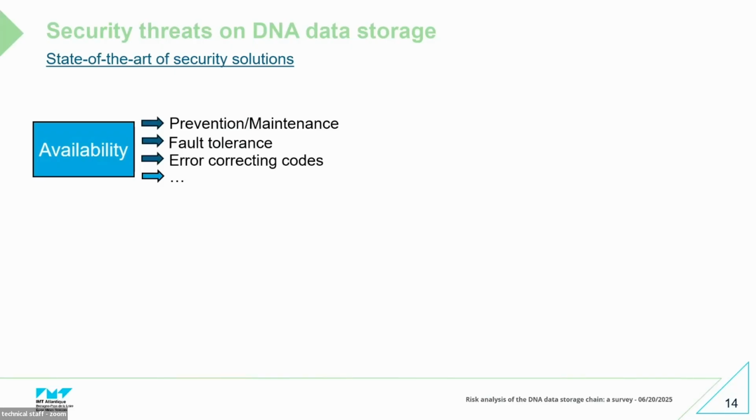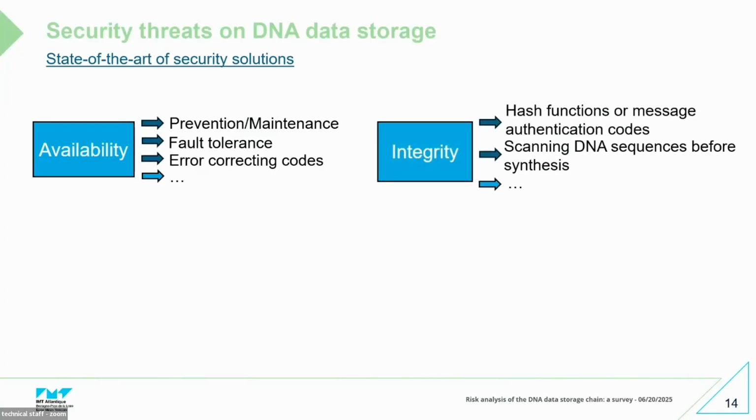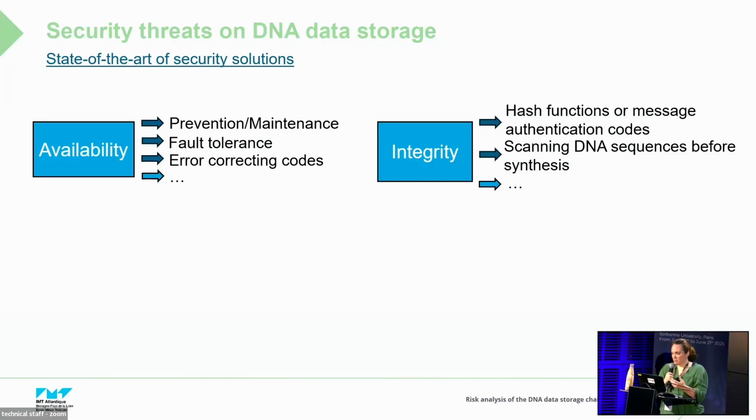First, it's possible to use, for example, error-correcting codes. Concerning the property of integrity, we can use hash functions, or secure and have more control over what we're synthesizing by scanning DNA sequences before synthesis, or even doing a partial sequencing after synthesis to verify.